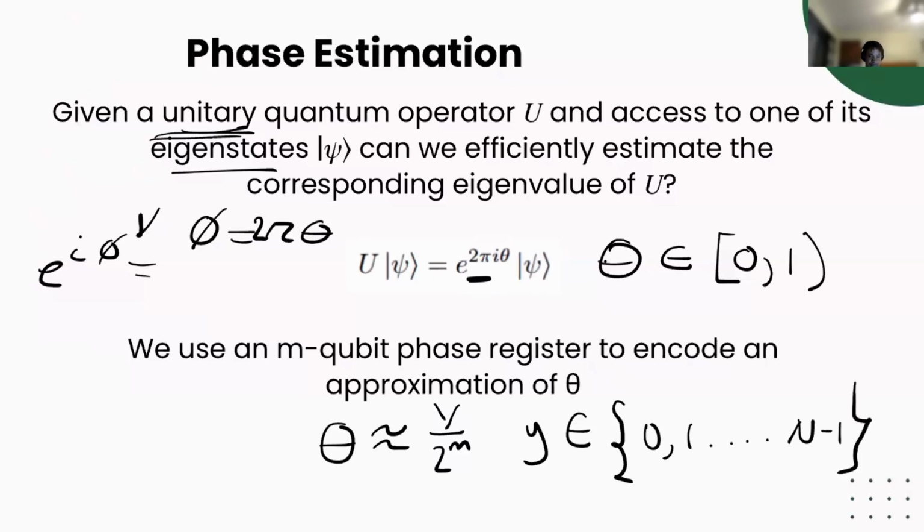What this really means is that we're going to use this register to represent the value of theta, and this theta will be in binary. So it's always going to be an approximation via this value right here to what the true value of theta really is, because you may not be able to represent the true value of theta with a finite amount of bits.